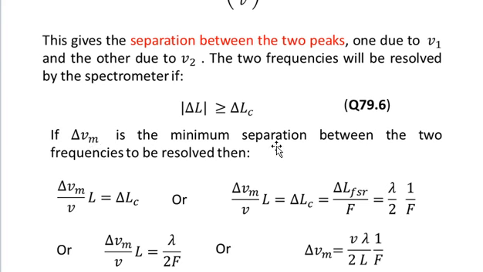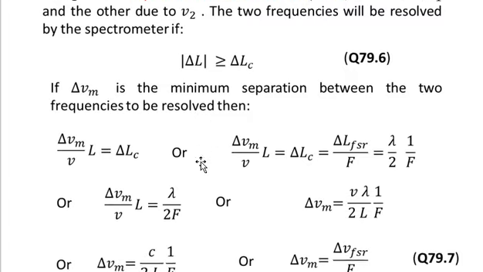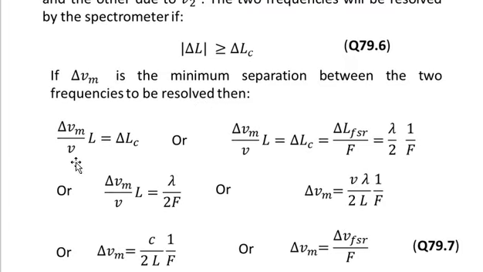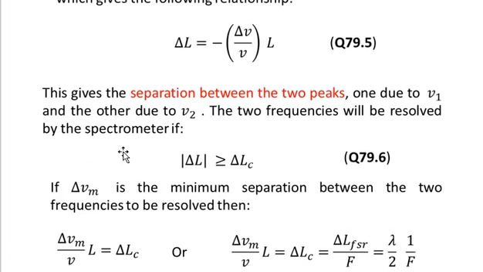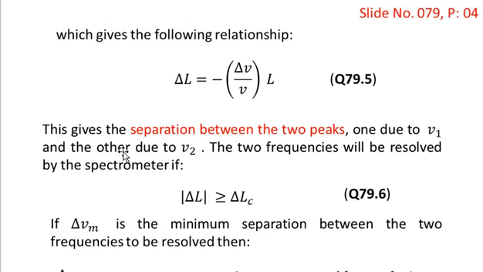Then delta nu m over nu is equal to delta LC over L. That is, we have made these changes over here.